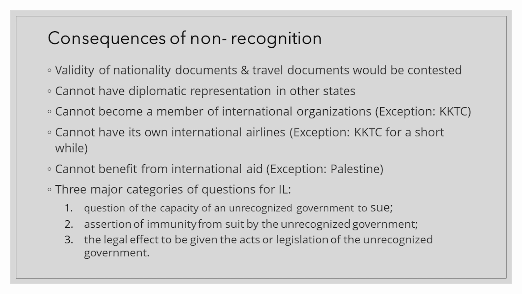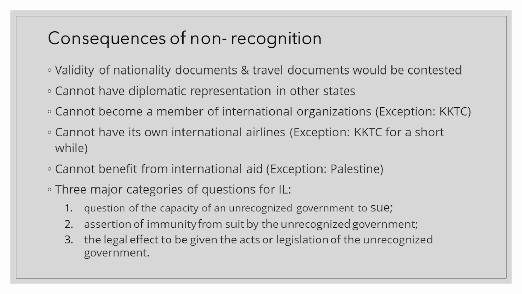Second question is, how will other states assert their immunity from suit by an unrecognized government? So if there is an unrecognized state or unrecognized government, and it tries to sue another state, how will other states say that no, we cannot be sued?